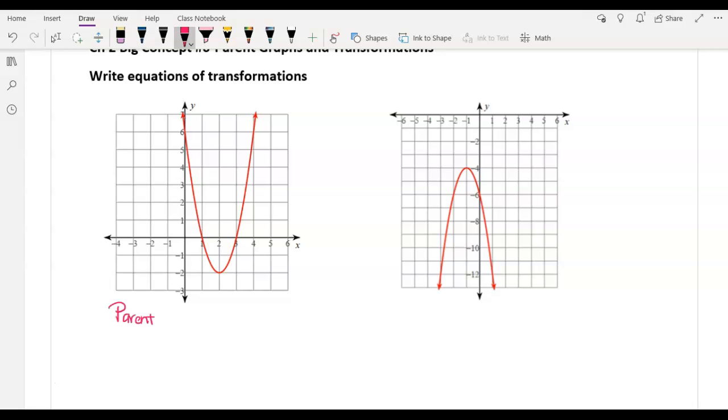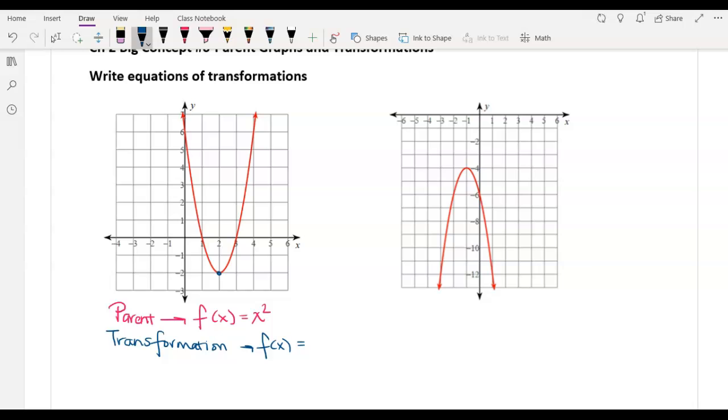If you said a quadratic, x squared, you would be absolutely right. So f of x equals x squared. So our transformation would be f of x equals, all right, now let's take a look.